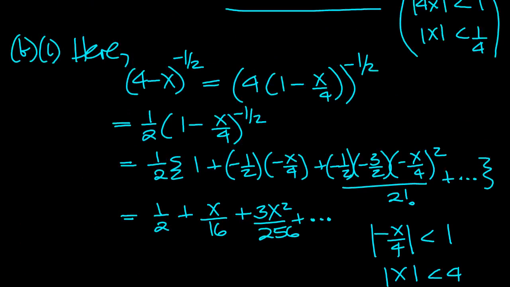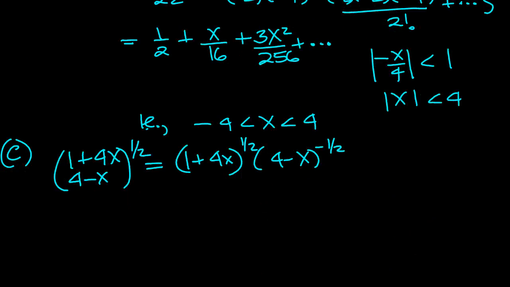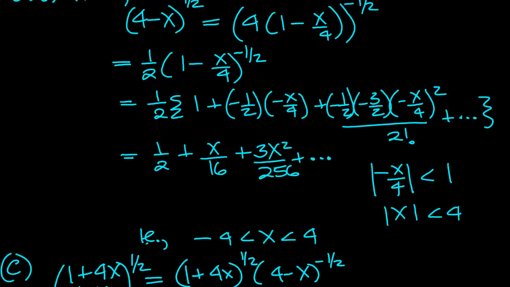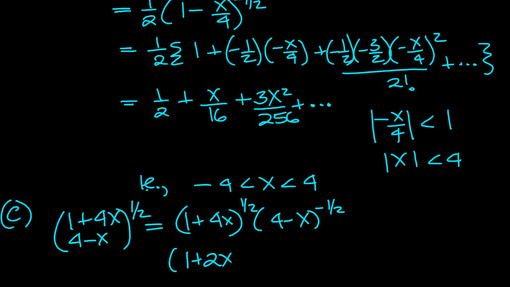Now we can use these two series we've got then. 1 + 4x, 1 + 2x − 2x squared. Let me just remember what it was. I'll flick back up. Here it is here, 2x − 2x squared.